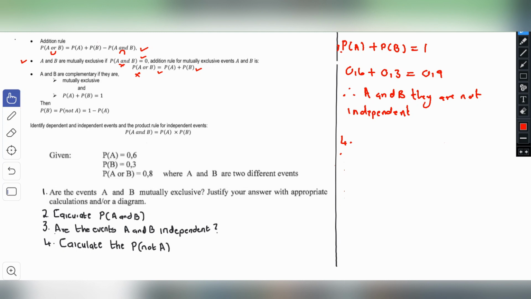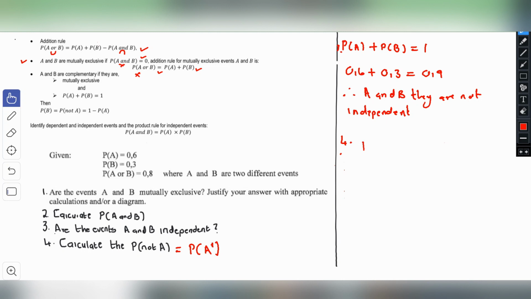Which is calculate the probability of not A. How do we solve this problem of calculating the probability of not A? Sometimes this question can be written as the probability of A with an exponent of 1. Whenever you see something like that, just know that it means not, right? Let me just write a few of them.